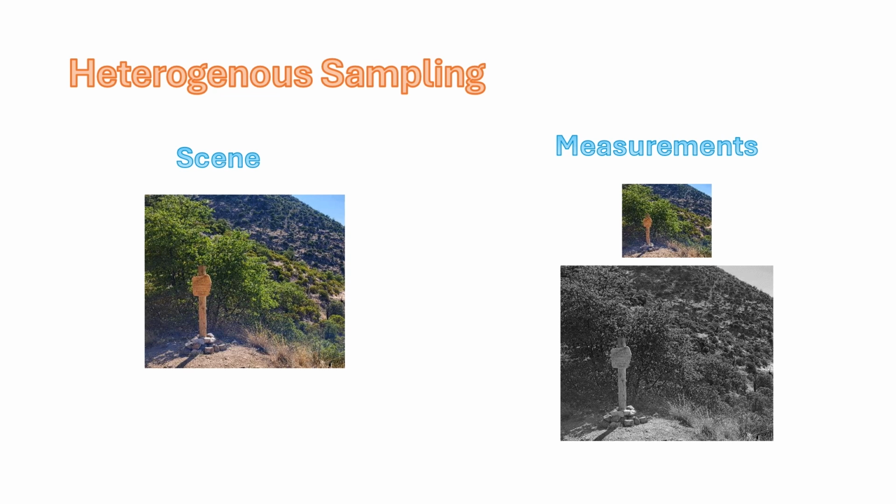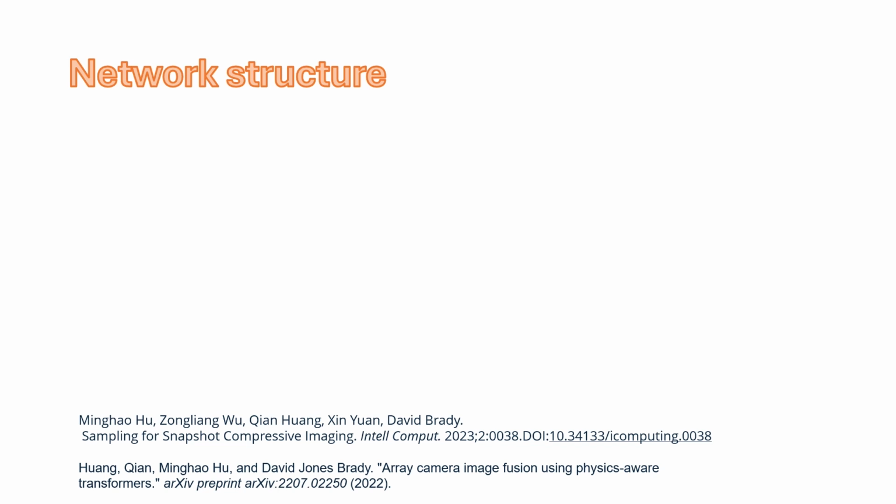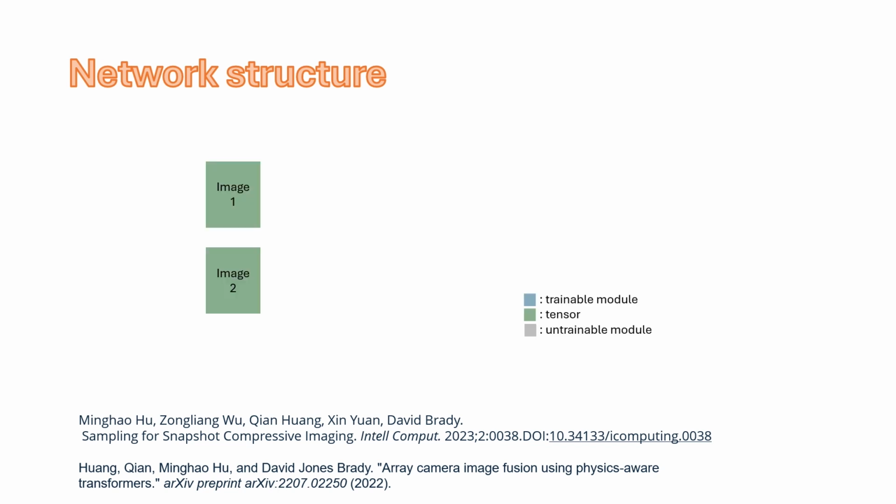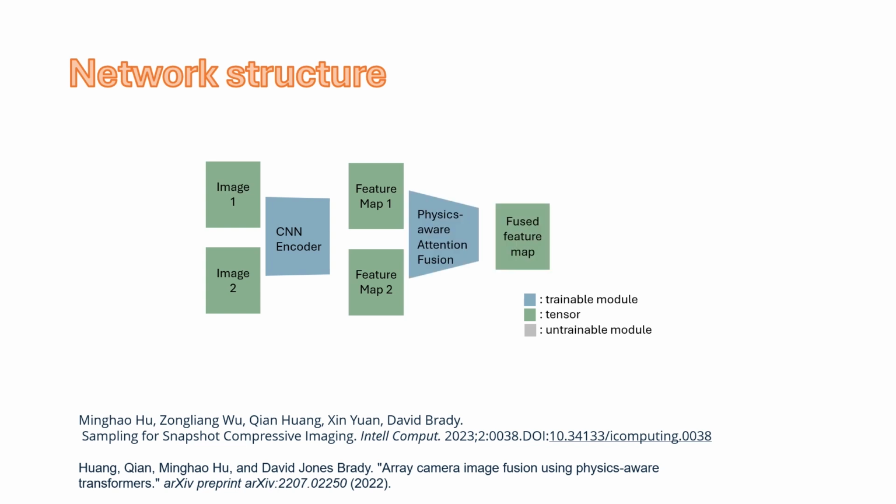The key to this is that when we have this heterogeneous data, we can't simply register the cameras and blend the images. We need to do some kind of feature-based imaging. So we could take, for example, the images from the cameras we want to blend and then extract feature maps from those images and then apply some kind of transformation to turn those feature maps into a resulting image.